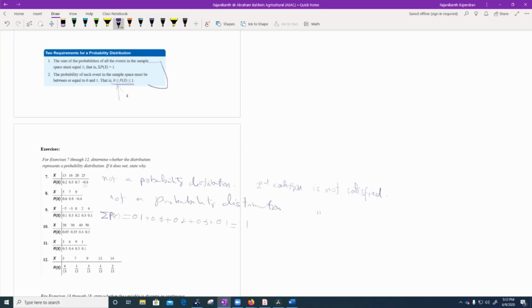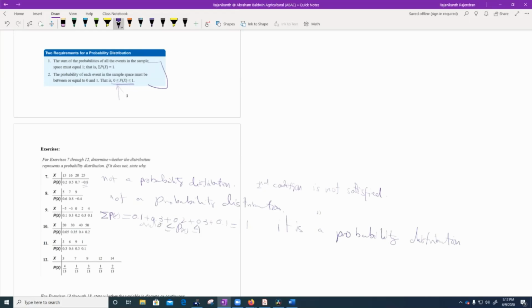So it is a probability distribution. Both of the conditions are now satisfied, and all the P(x) values are between 0 and 1.